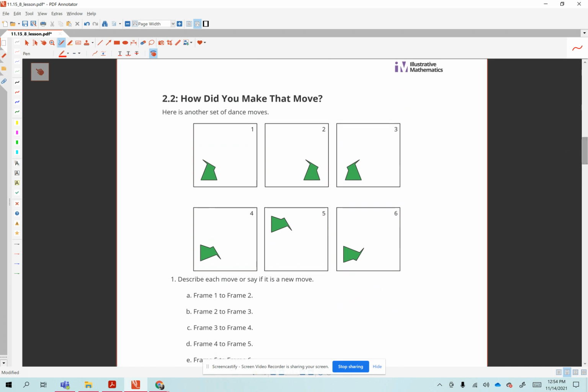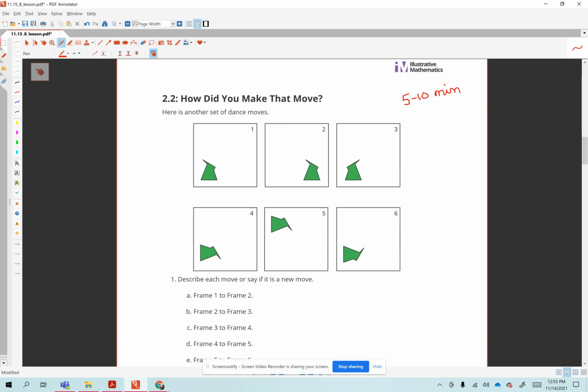So here we have a little activity called How Did You Make That Move? What we have here is another set of dance moves. We can think of this little guy as maybe a little rabbit with his ears pointing up in the air. And that might help us to think about him and talk about him. So what I want you to do is pause, and take 5 to 10 minutes, no more than 10.